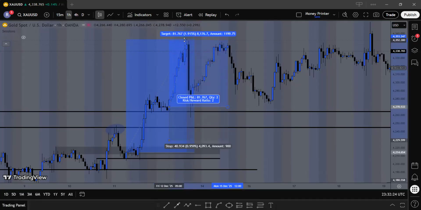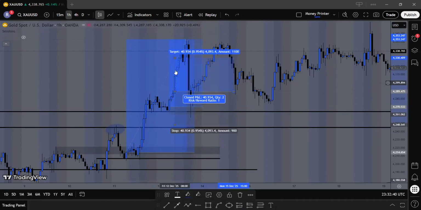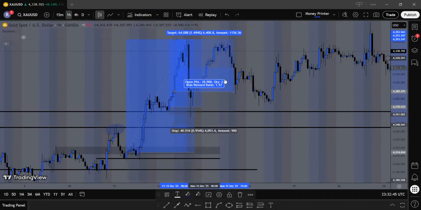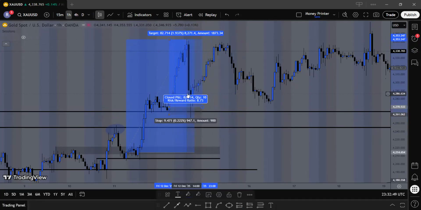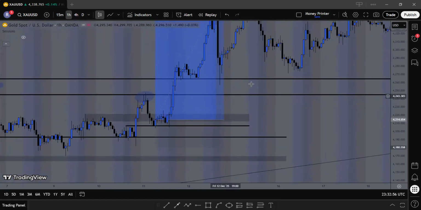And then I'd entered a third position somewhere in the middle of this price action, right here. So I had three positions open, and I sent all of them out to my persons in Telegram and even on my Instagram. So I have a lot of persons who caught this move and we're very happy with it.